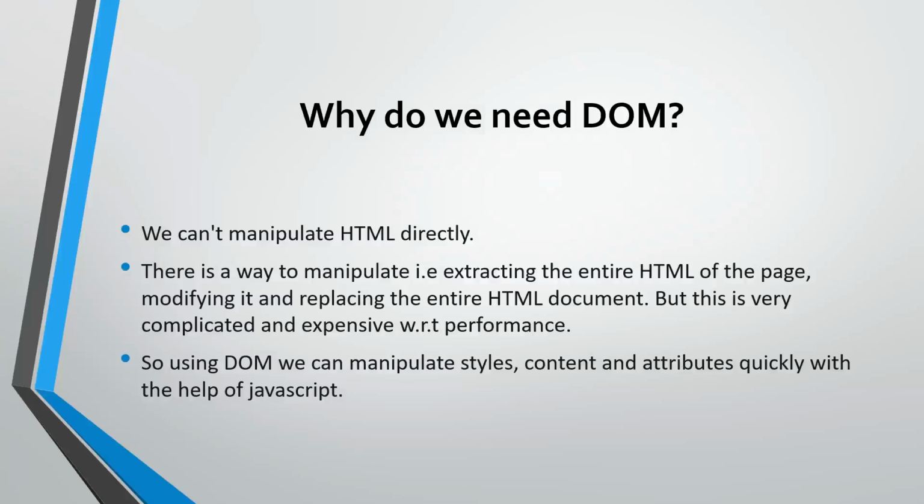Next, there is a way to manipulate, that is extracting the entire HTML of the page, modifying it and replacing the entire HTML document with this, but this is very complicated and expensive with respect to performance. So using DOM we can manipulate styles, content and attributes quickly with the help of JavaScript, which will be seen in our live examples shown later.